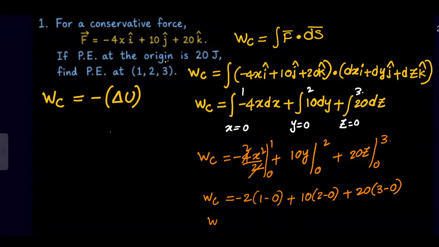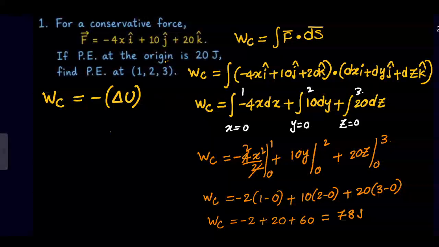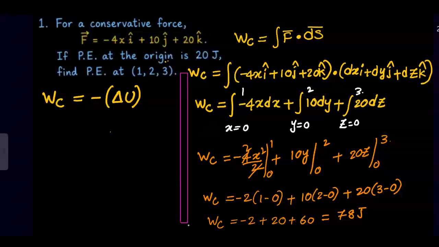That is minus 2 plus 20 plus 60, which is 80 minus 2, 78. This is the work done by the conservative force. We got the work done, and we can use this in the formula.